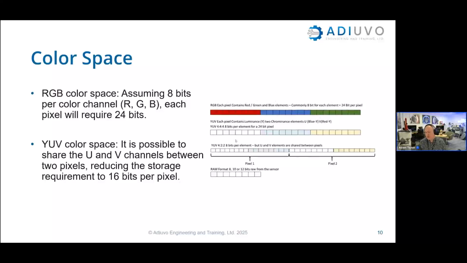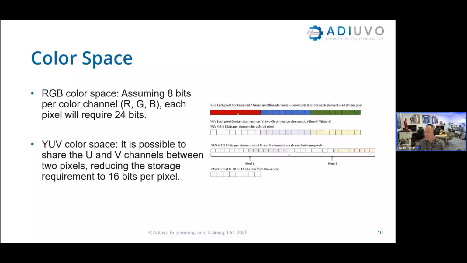So if we have an 8-bit raw format, we will end up with a 24-bit pixel: 8 bits for the red, 8 bits for the blue, 8 bits for the green. If we have a 10-bit raw format, we will end up with 10 bits, 10 bits, and 10 bits, a 32-bit pixel. And if we have 12 bits, then we will end up with 12 bits, 12 bits, and 12 bits.